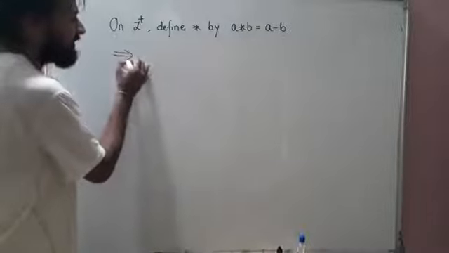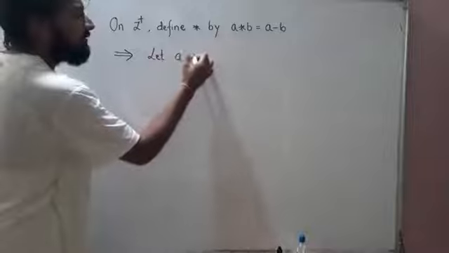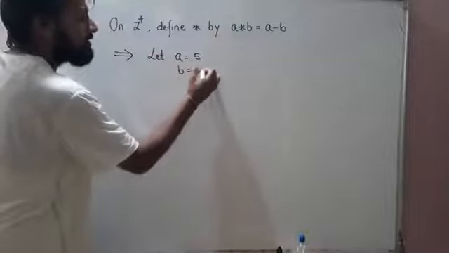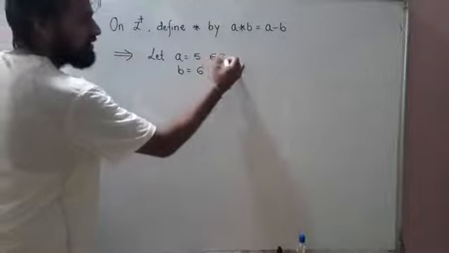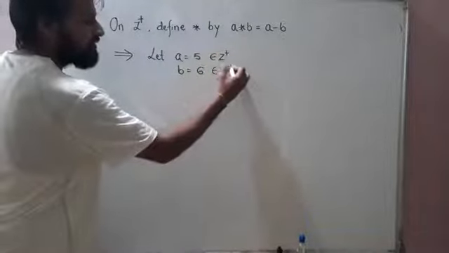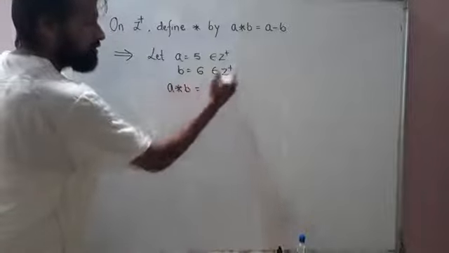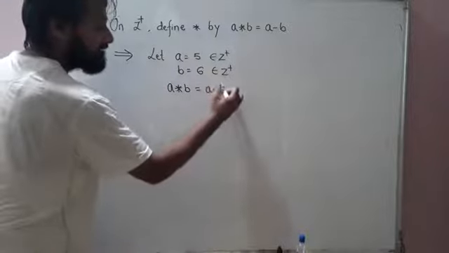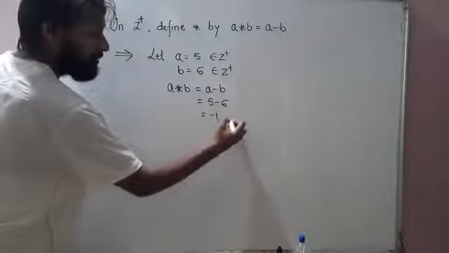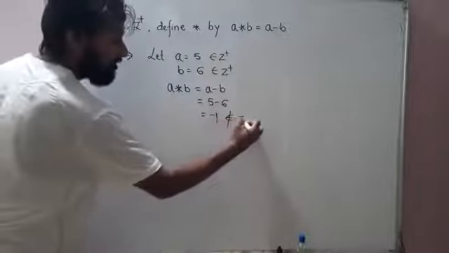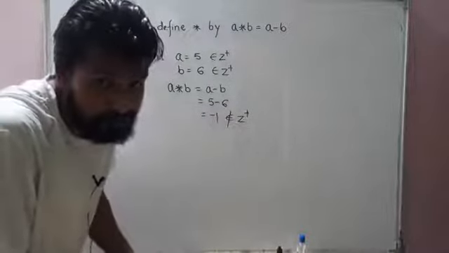So let me take some examples. I'll take one element A as 5 and B as 6, because both are from Z plus, right? This belongs to Z plus and this also belongs to Z plus. But if I do A star B, what does that mean? They have given A minus B. So now if I subtract 5 minus 6, I'm getting minus 1, but this minus 1 does not belong to Z plus, because Z plus means all positive integers, isn't it?